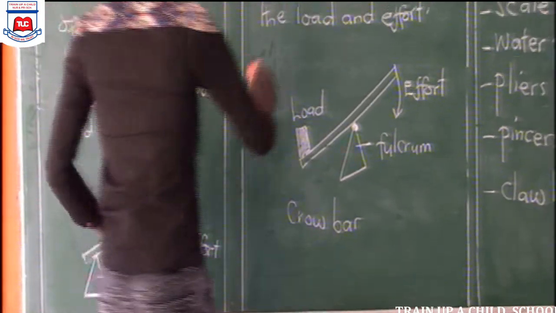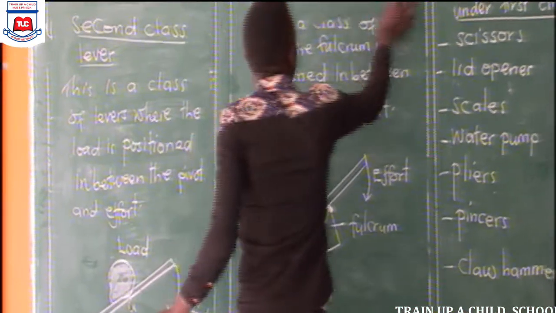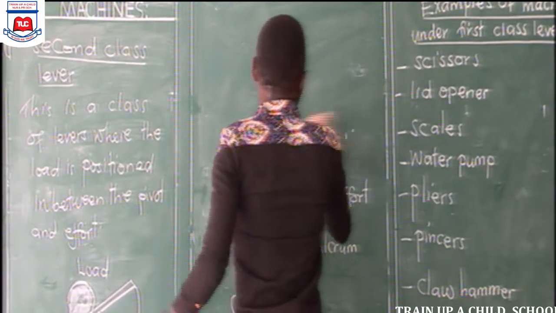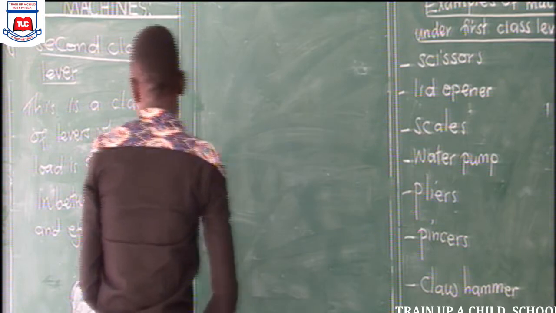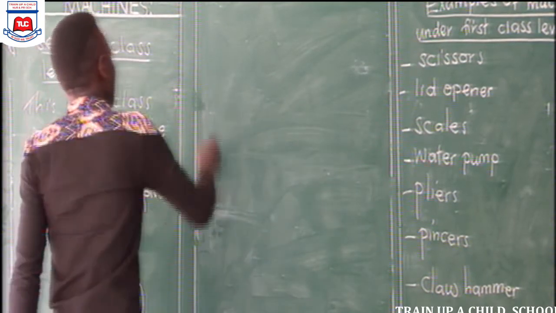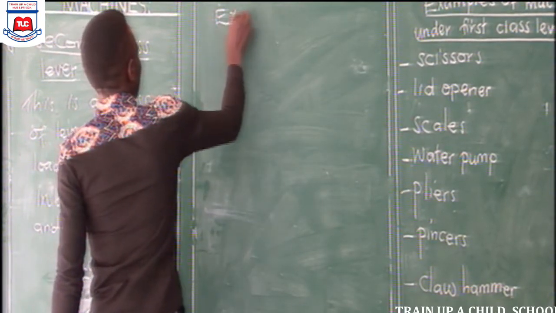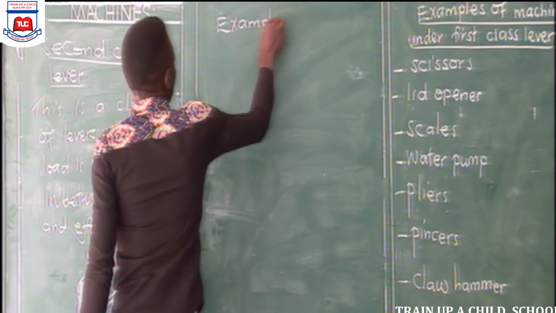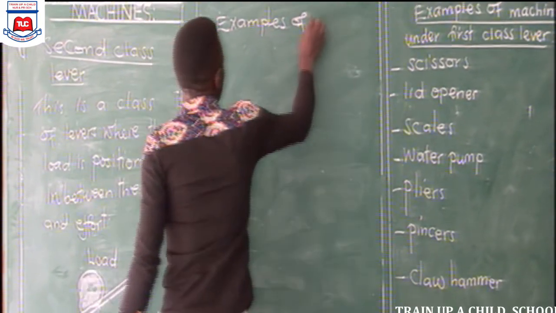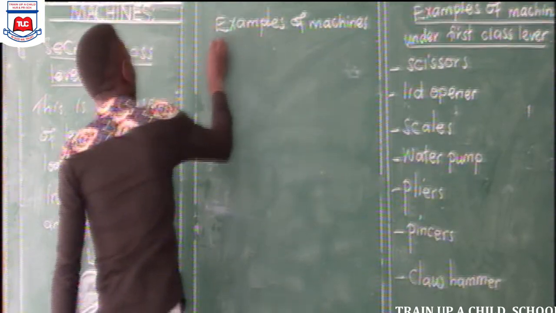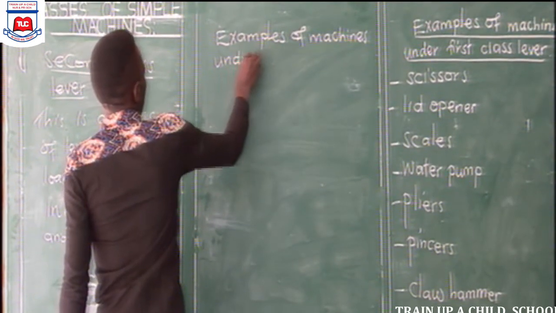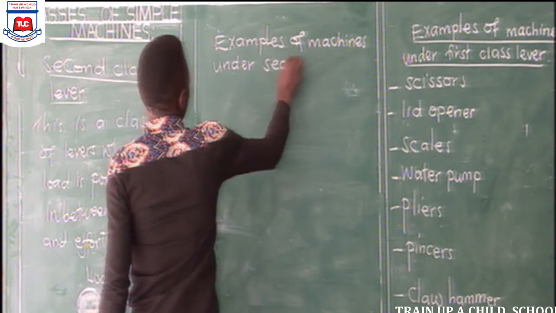So allow me to wrap up here and give you examples of machines under the second class lever.